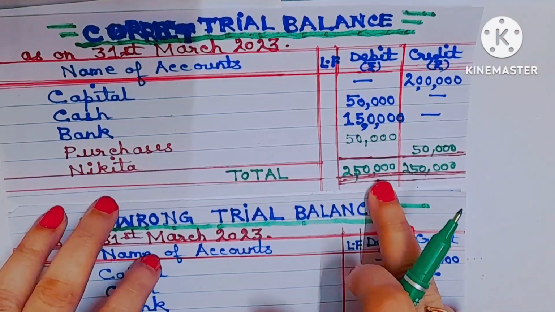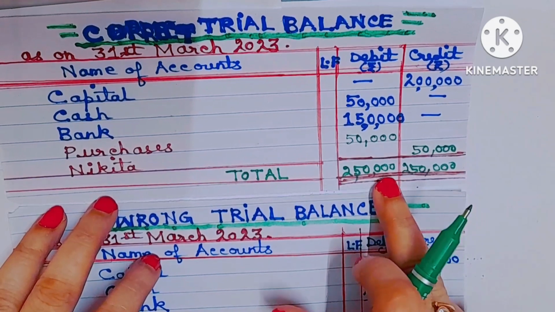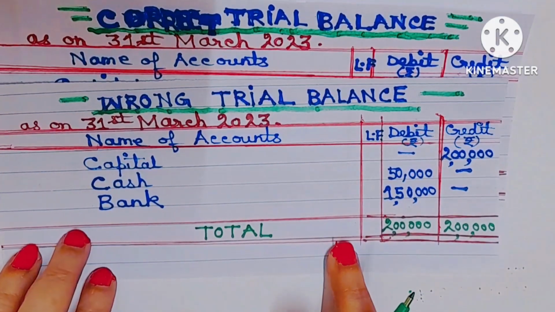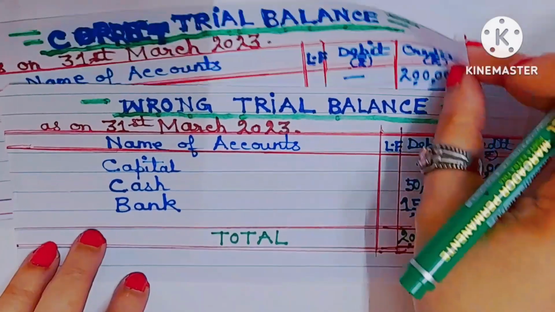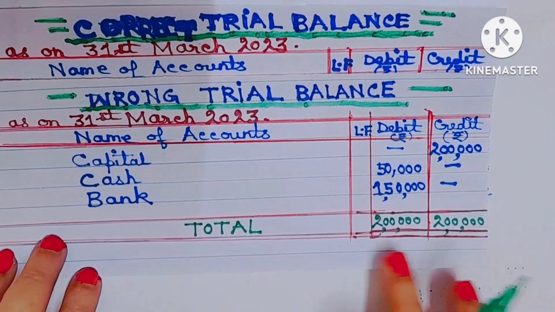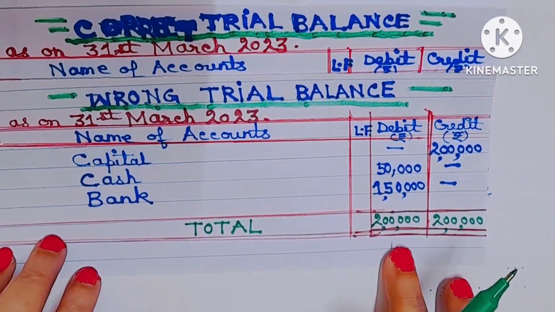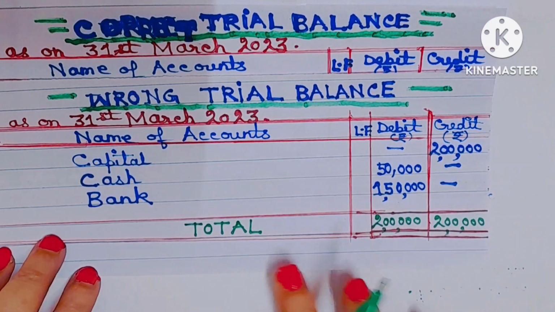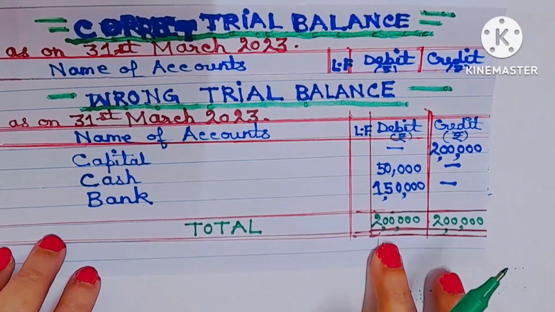What is the correct total of trial balance? 2,50,000. But please remember, even though the total of the wrong trial balance did tally at 2 lakhs, as both sides, that is both debit and credit, are not recorded, the trial balance is incorrect and incomplete.